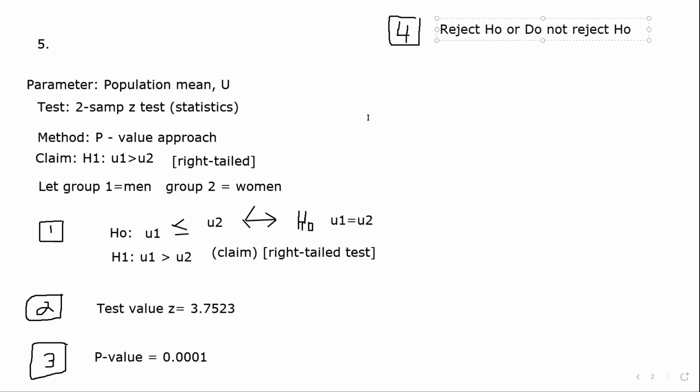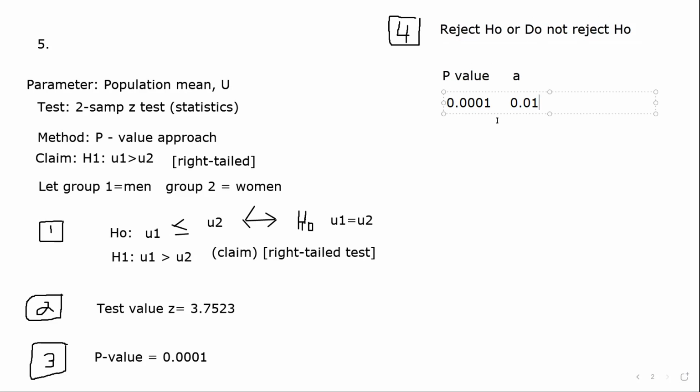And once again, we compare our p-value to our alpha, right? So your p-value is 0.0001. And then here, I believe our alpha here was 0.01.